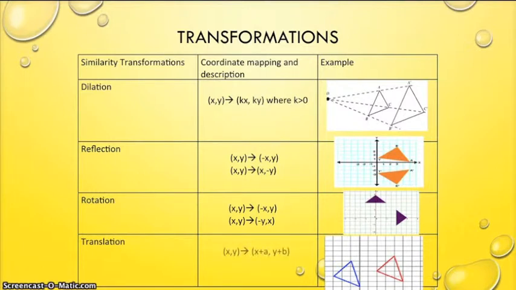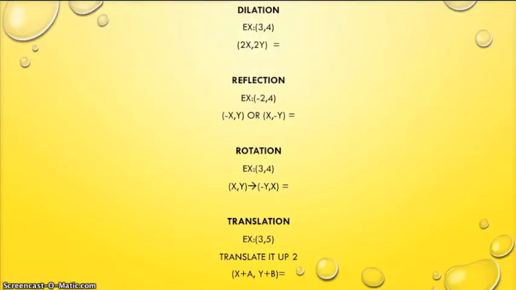And in translation, you add, so x plus a and y plus b. Here's a couple for you to do on your own, and pause the video. So it's very simple. All you have to do is just plug it all in.